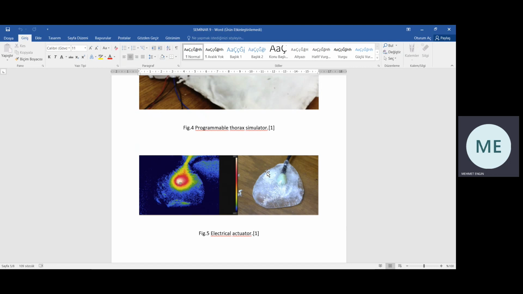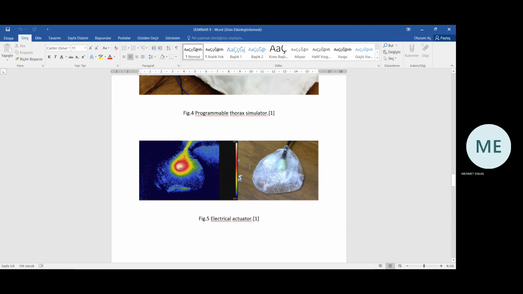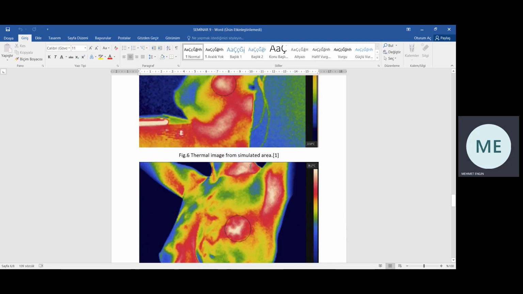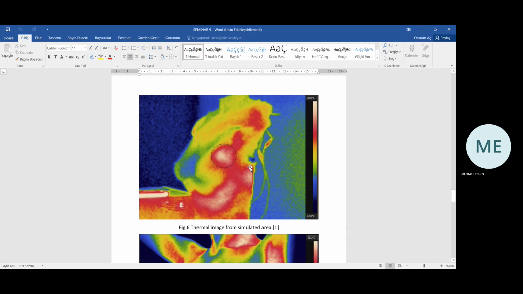Now, results and discussion. By analyzing the affected zone in the thermal images, as shown in Figure 6 from the thorax simulator and patients, it is observed that the thorax simulator was capable of controlling the surface temperature around 28 degrees Celsius, and as a consequence, an increase of 2.2 degrees Celsius from the adjacent tissue, whereas in the patient image, the temperature difference was 1.9 degrees Celsius, providing an error of approximately 0.3 degrees Celsius.